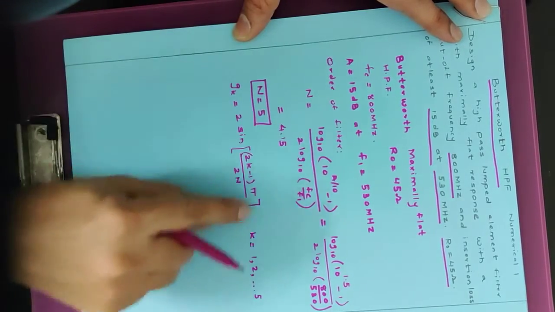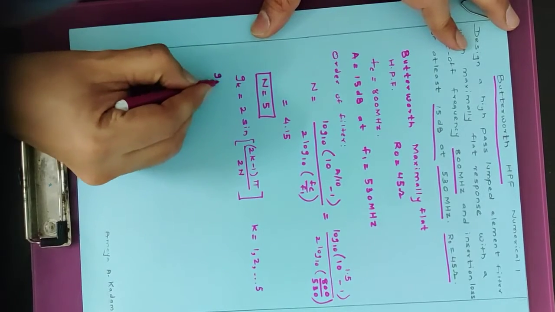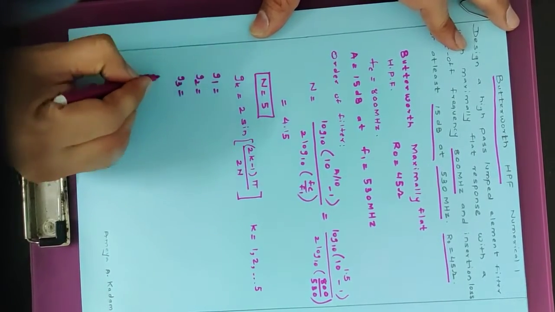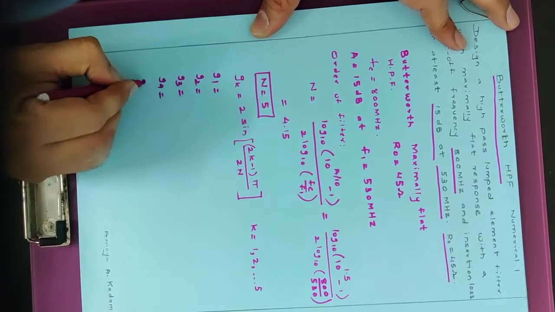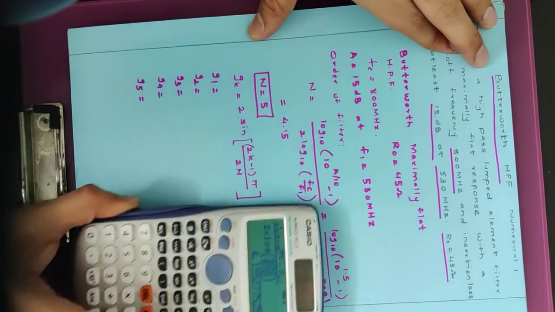So in this case k will run from 1 to 5. So I have to calculate G1, G2, G3, G4 and G5.